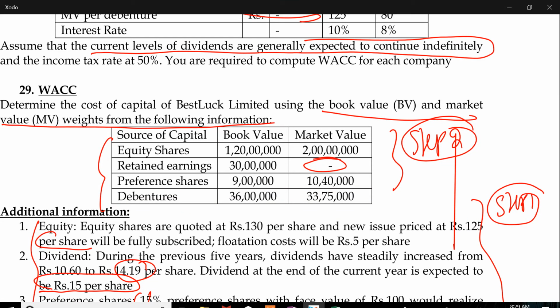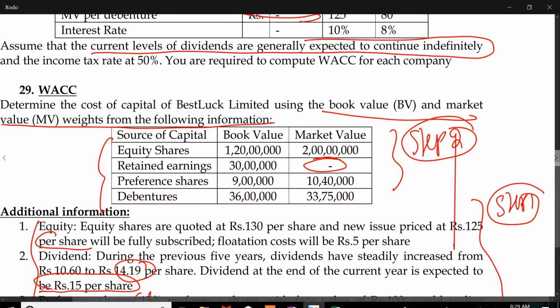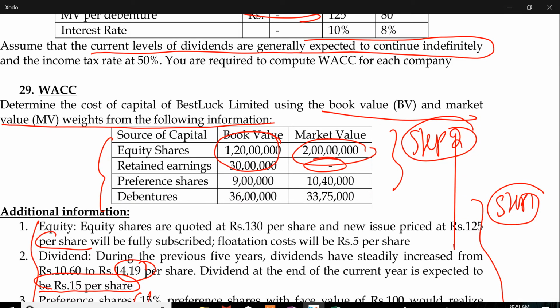So what we do is, we will split this 2 crores in the ratio of 120:30. Balance everything remains same. 1040 same. Debentures value same. This 2 crore alone has to be split in the ratio of 120:30.